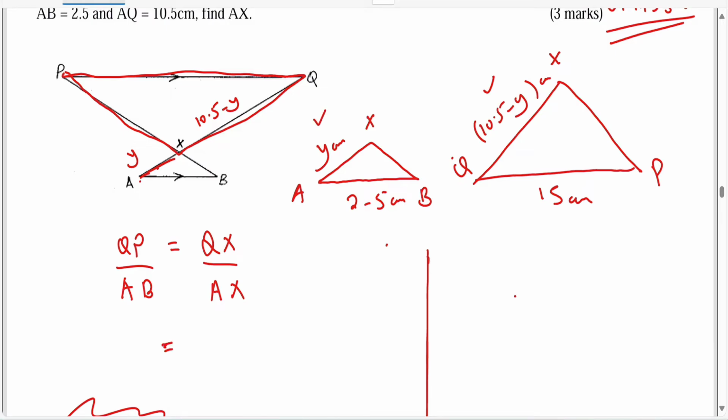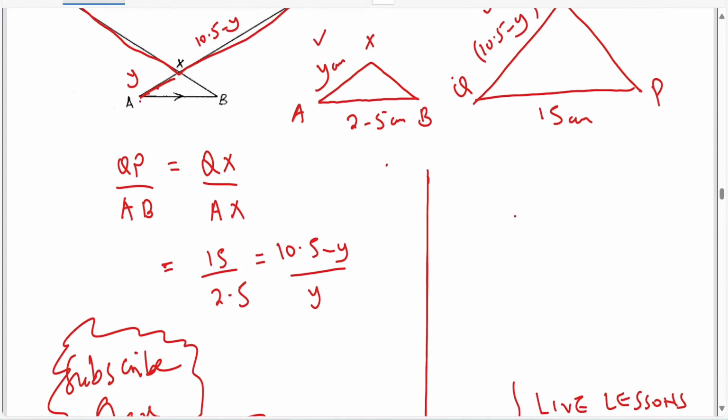So QP ni 15 divided by AB, which is 2.5, is equal to QX, which is 10.5 minus Y, over AX, which is Y. So you do the same thing. Cross multiply.